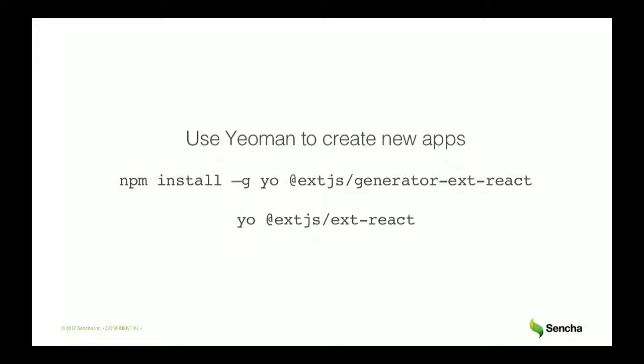So you can just npm install globally the yo command line utility for Yeoman, and then the ExtReact generator for Yeoman. And then you just type yo @extjs/ext-react, and it'll walk you through a simple little 5-step wizard to create a new ExtReact application. And that app uses React, React Router, Webpack, Babel, all the usual suspects, and gets it all configured for you and up and running.